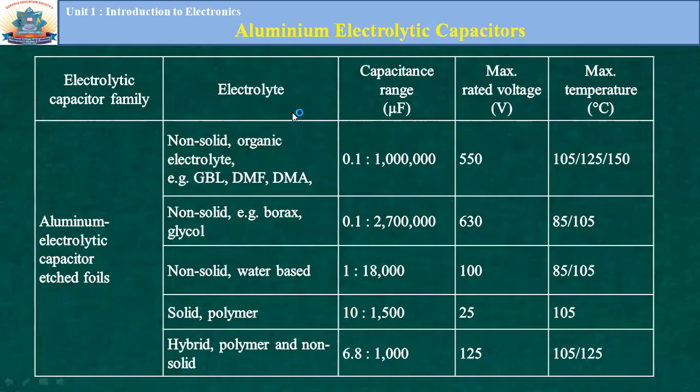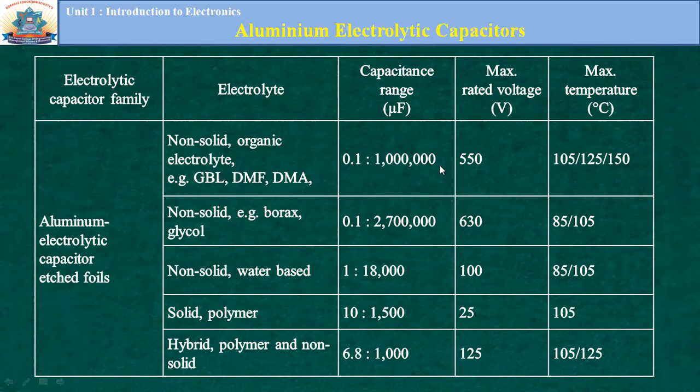These are some specifications. When it comes to electrolyte, the electrolyte is present between these foils. We have non-solid organic electrolytes named GBL, DMF, DMA. When we use this type of electrolyte with the aluminum capacitor, we get a range of 0.1 microfarad up to this much.